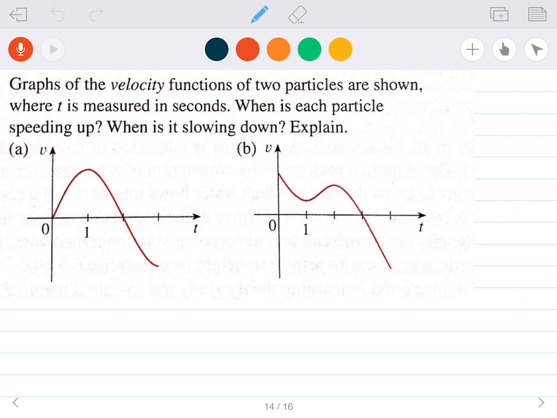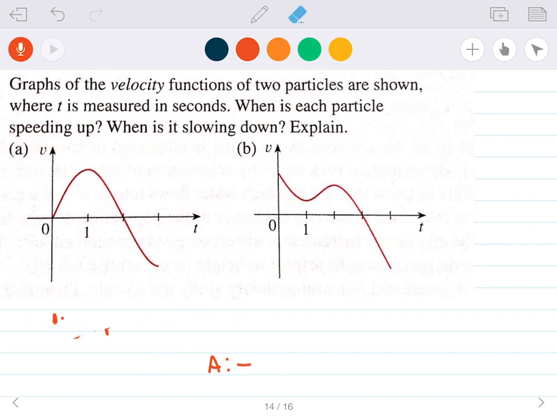So here we have velocity functions, and remember we just saw that speeding up means that the velocity is positive and acceleration is positive, or the velocity is negative and the acceleration is also negative. And slowing down, we have opposite signs.